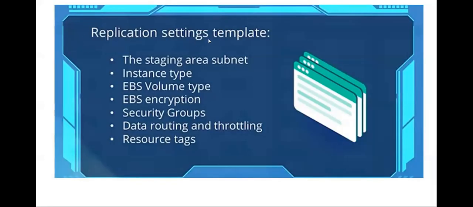In the replication template settings, you need to provide your staging area subnets, your instance details and volume details, whether your volume is encrypted or not, which type of encryption you want, security group and tags. Data routing, everything you need to provide under the template. By using the template, AWS Application Migration Service will create everything for you.